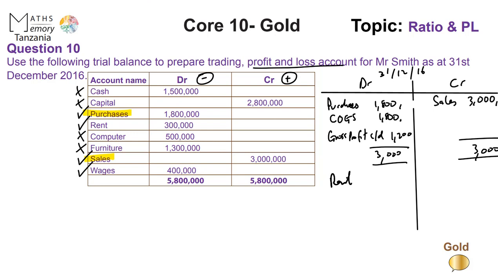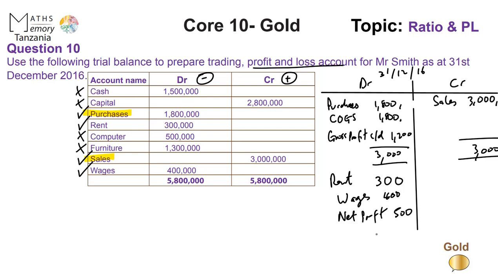The rent we're going to put over here as 300, and we'll put the wages here as 400. So your net profit: 1,200, take away 300, take away 400. That's going to leave you with 500 over here.